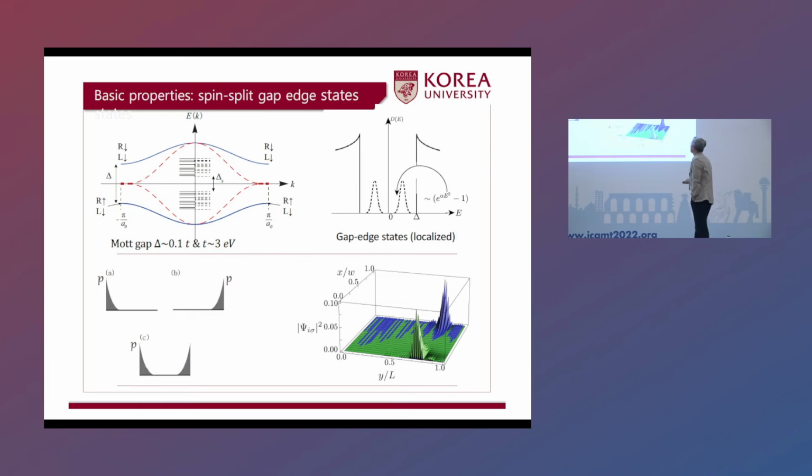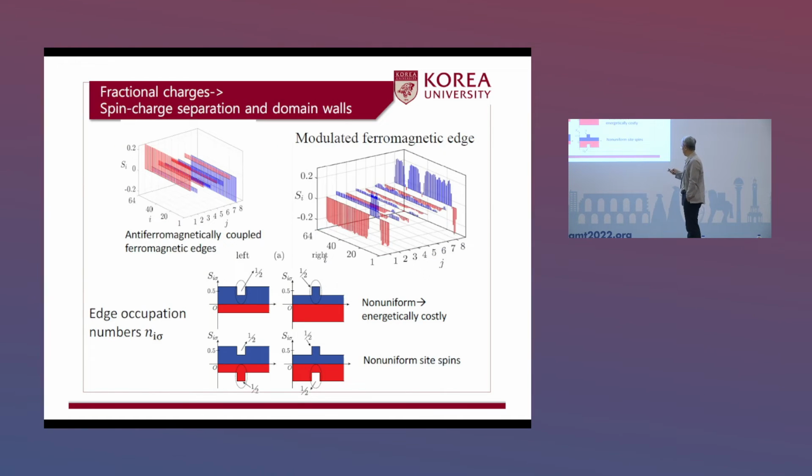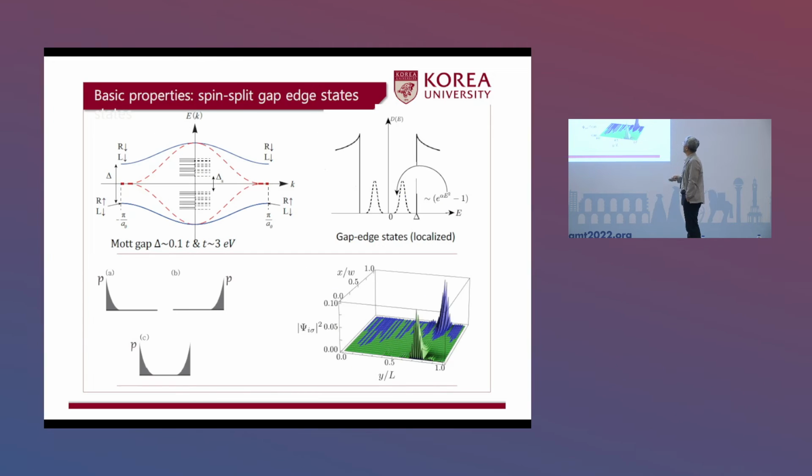Let me explain the basic properties of disordered zigzag nanoribbons. Let's first consider the non-interacting case in the absence of disorder. We can do a simple tight-binding calculation.